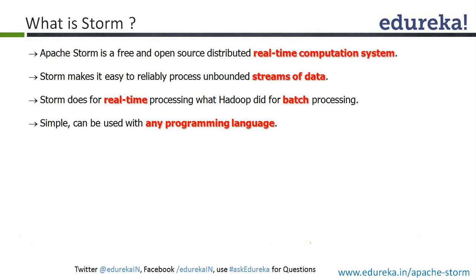Whereas in Hadoop and other systems, when you submit your program, it executes and then completes. Here, your programs keep running forever. The stream of data keeps flowing in, and your programs run continuously. As soon as they get data of interest, they process it. Otherwise, it is just discarded.